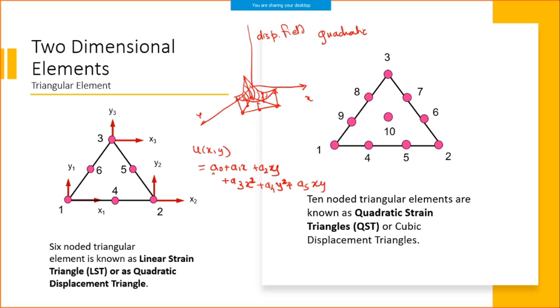So that is what happens. That's what this behavior is. This equation is typically a quadratic equation. Okay, and that's why it is called a quadratic element.